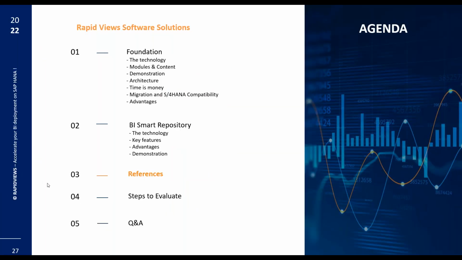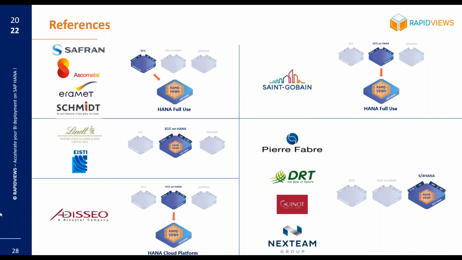So just to see who's actually using the Rapidviews. We have our customers, our best ambassadors. We have here references on ECC. We use Rapidviews to consolidate external data on SAP HANA full use. And we have customers on ECC, on HANA, using HANA full use, using the Rapidview for reporting on HANA full use platforms.